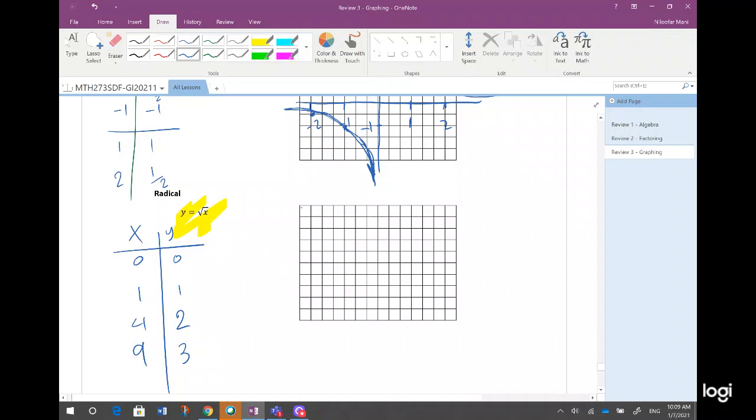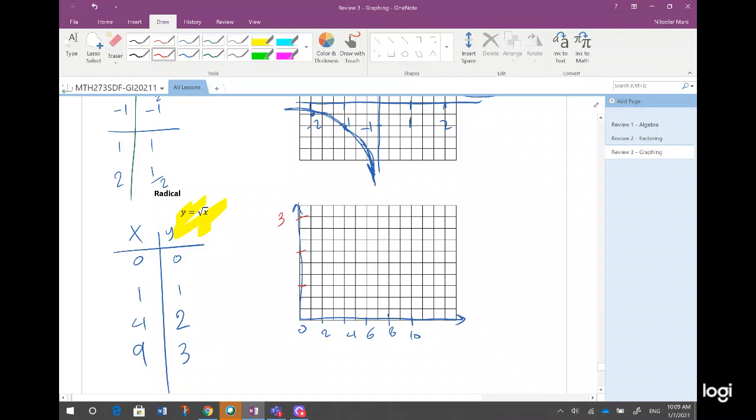And then you can graph it. Do I need positive on x and y? Yes, just positive. So here is 0. Here is 2, 4, 6, 8, and 10. And here is 1, 2, and 3.